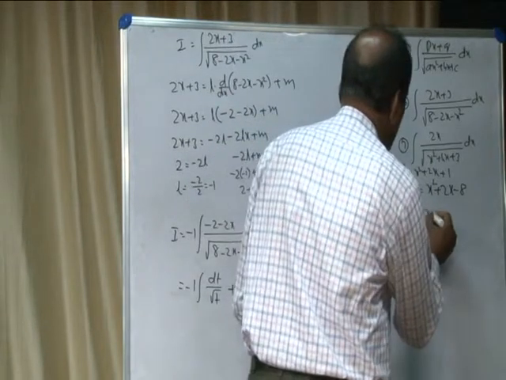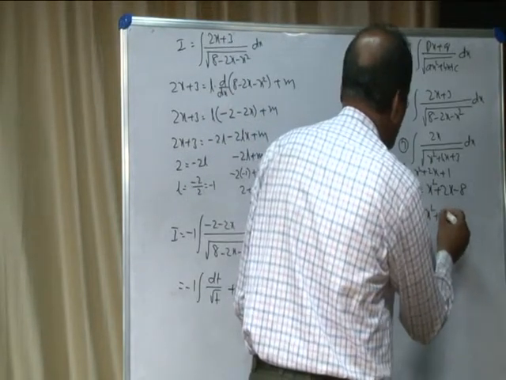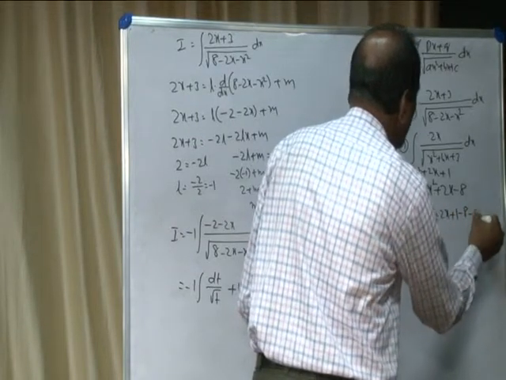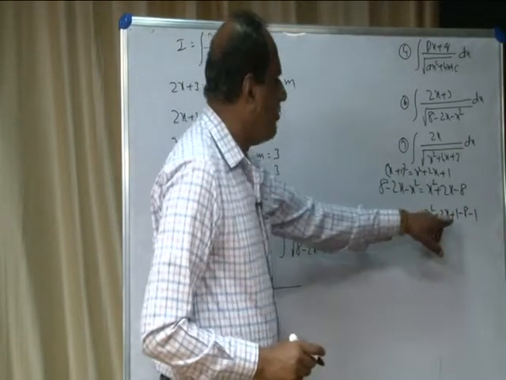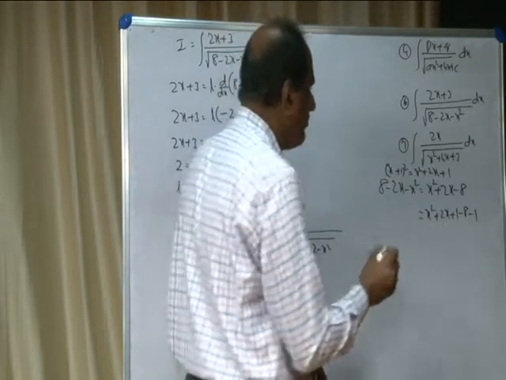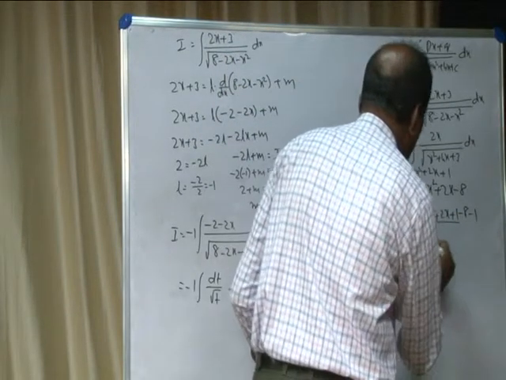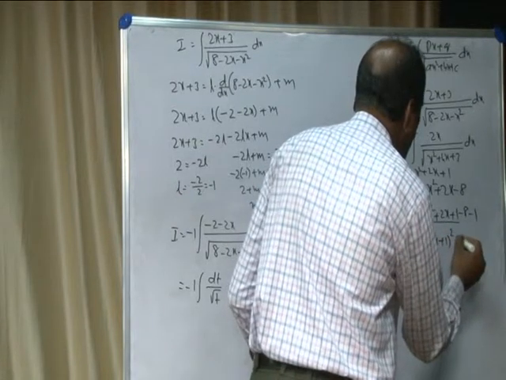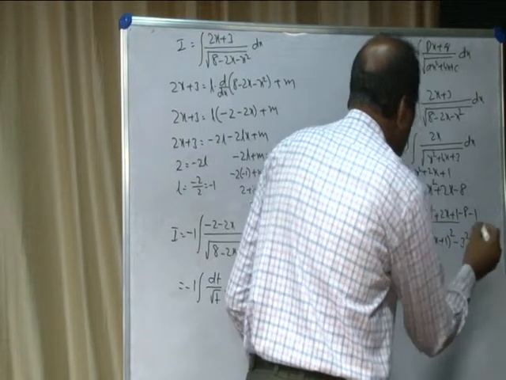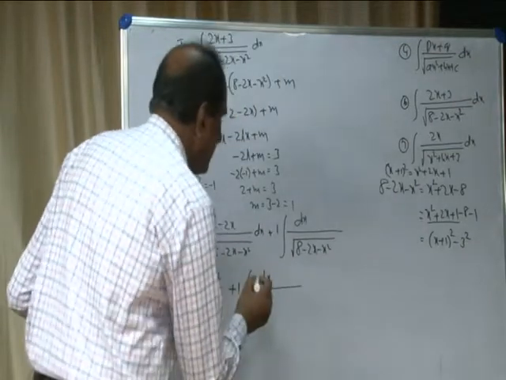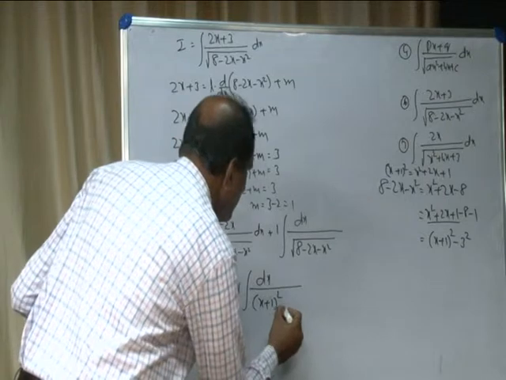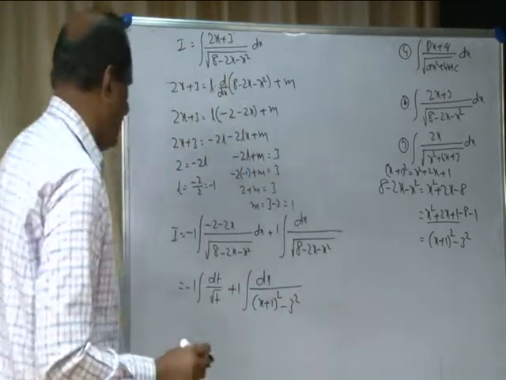Now x square plus 2x plus 1 minus 8 minus 1, I am adding 1 and subtracting 1. So the first 3 terms can be written as x plus 1 whole square, minus 9 can be written as minus 3 square. So the denominator is x plus 1 whole square minus 3 square.